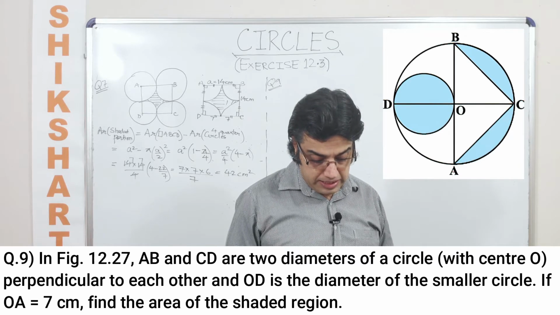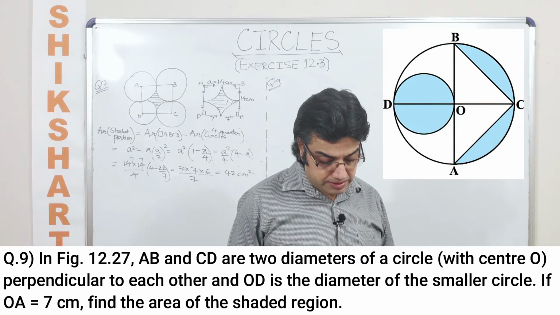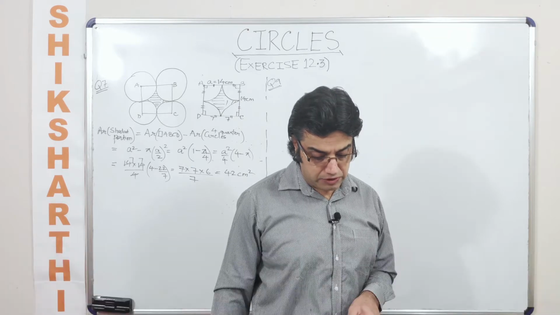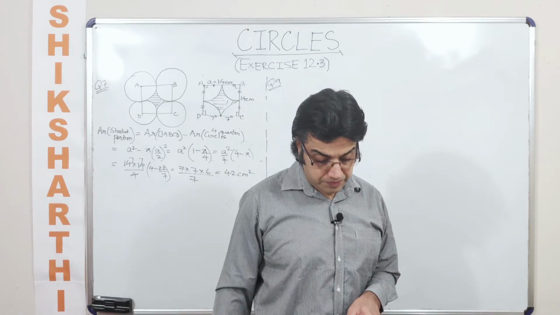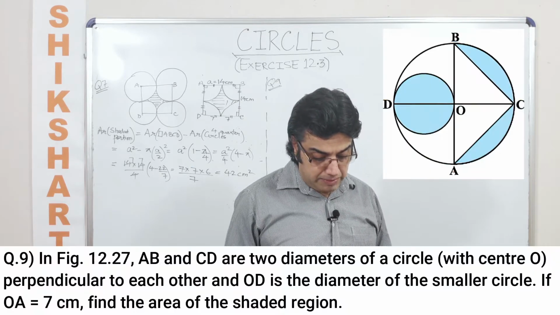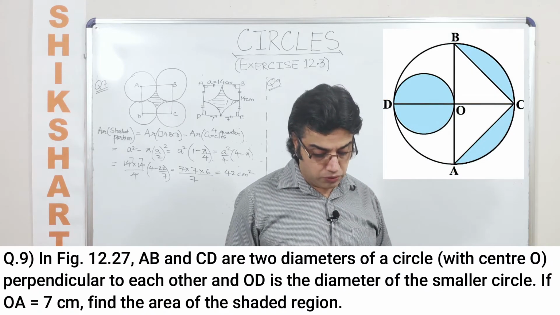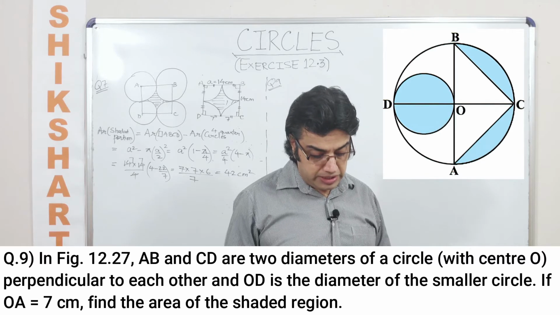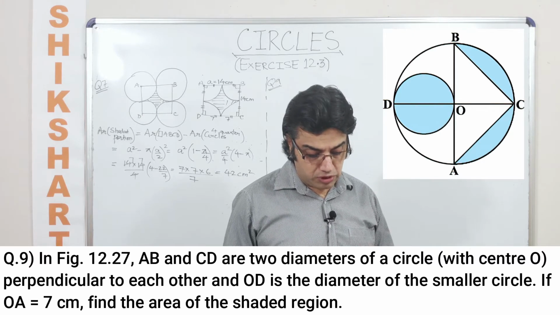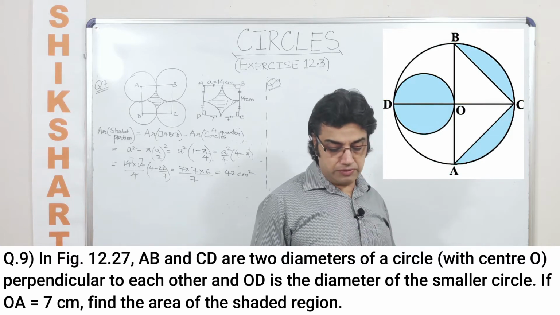If OA is given as 7 centimeter, then find out the area of the shaded portion. I'll repeat the question. AB and CD are two diameters of a circle with center O, perpendicular to each other, and OD is the diameter of the smaller circle. If OA is given as 7 centimeter, then find the area of the shaded portion.